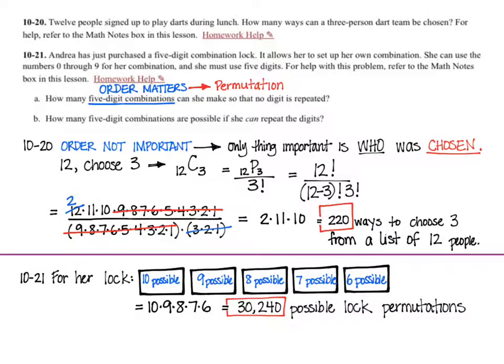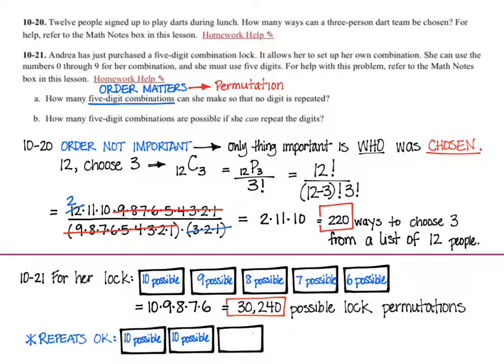In the second possibility, it's still permutation because it's this combination lock, so permutation lock actually. But this time we can repeat digits. So since you can repeat digits, now the first number that you would use with your combination lock or your permutation lock, there's 10 possible digits. 0, 1, 2, 3, 4, 5, 6, 7, 8, or 9. Since we can allow for repeats, we still, in the next spot, have 10 possible choices.